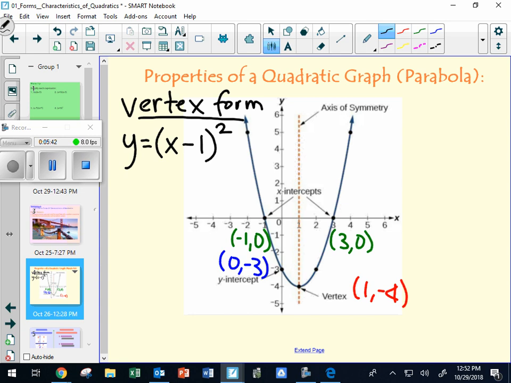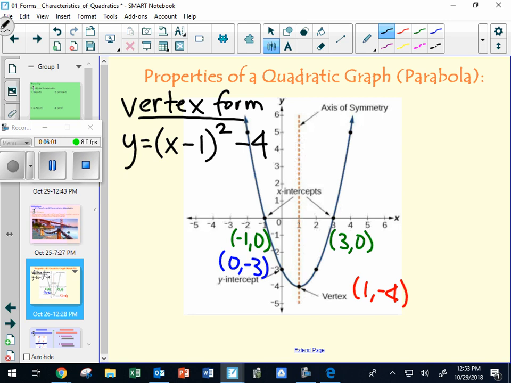And if you think about transformations, that's basically just a shift down 4. So we're just going to have that be a negative 4.